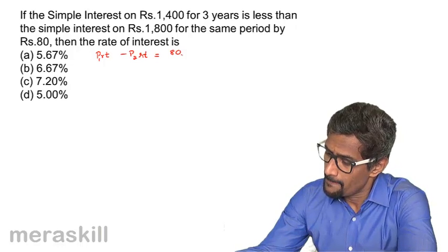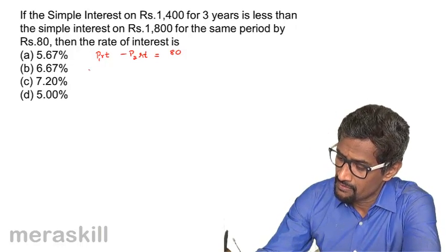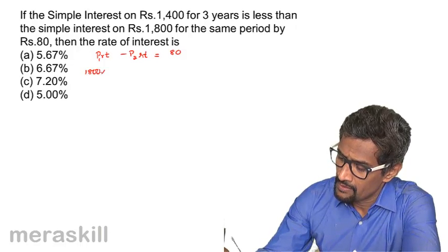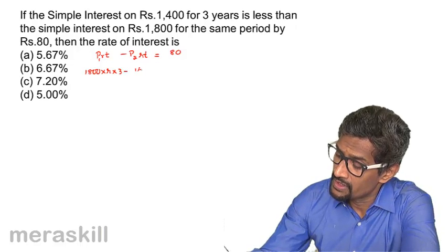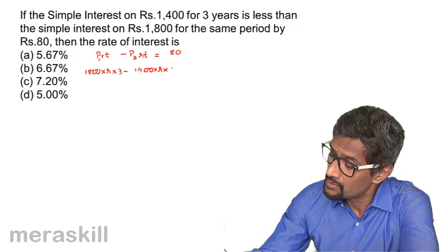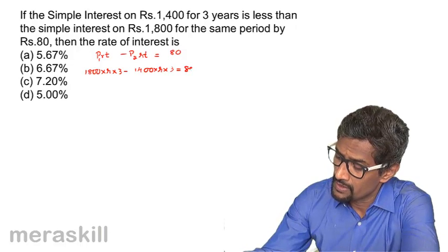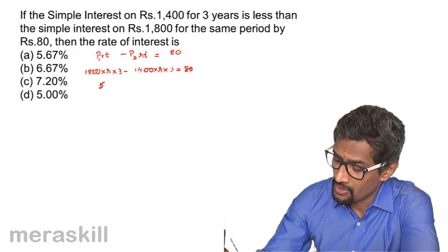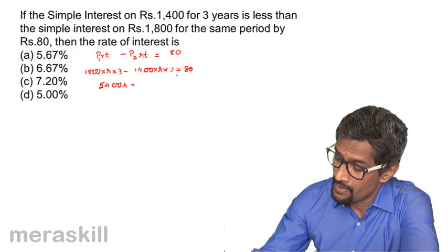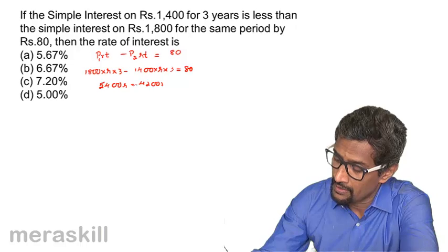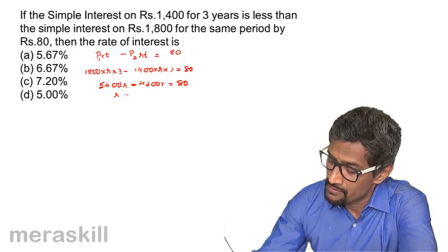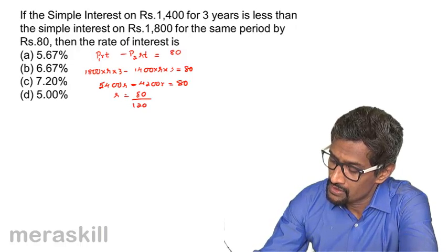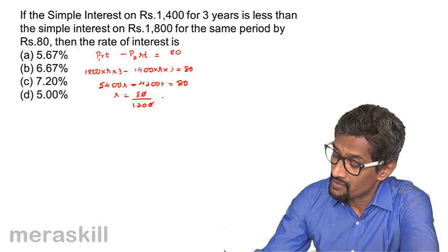So it's going to be P1, which is nothing but 1800 into R into 3 minus 1400 into R into 3 is equal to 80. And that turns out to be 5400 R minus 4200 R is equal to 80, which turns out to be R is equal to 80 upon 1200.